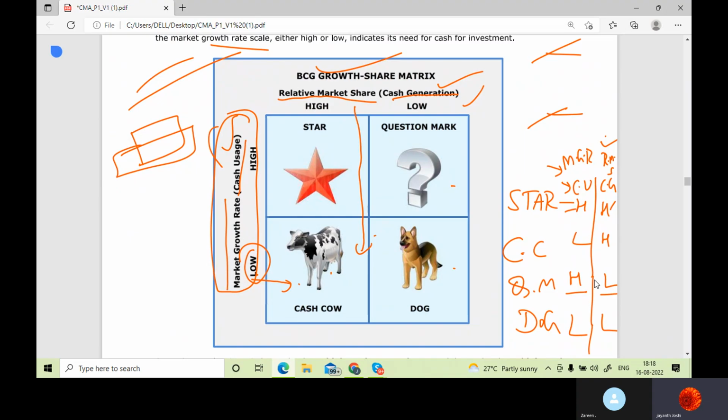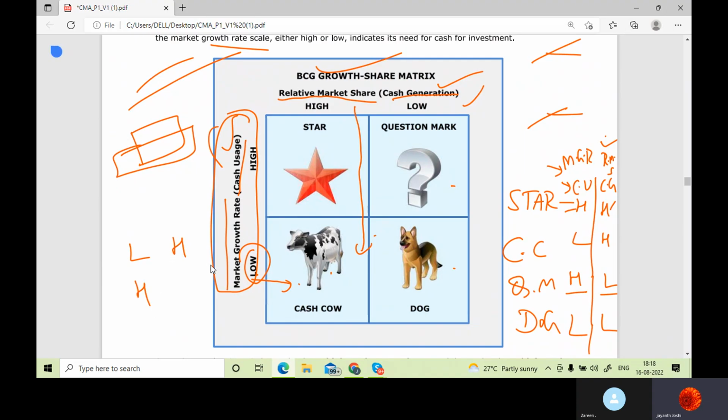And if the market growth rate becomes low and the market share becomes high, then this question mark can become a cash cow also. Are you understanding? Cash cow is lower market growth rate and high market share.